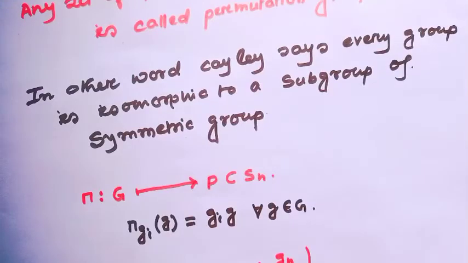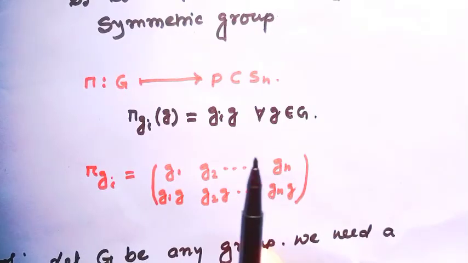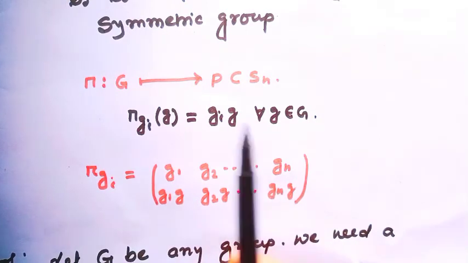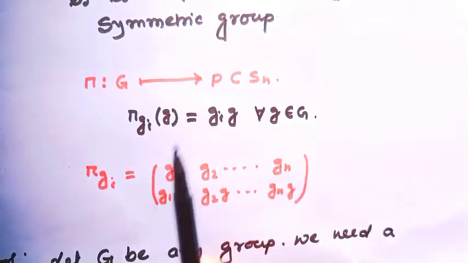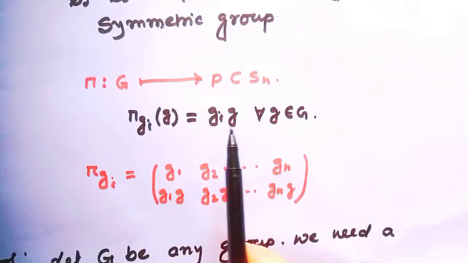What will we do? We will take an object of the symmetric group. Now I will define a map pi from G to a permutation group, which is a subset of Sn, such that pi subscript gi of g equals gi times g, for all g in capital G. Now we want to show pi is an isomorphic map to the object of permutations, which is getting permuted when we multiply gi with g.